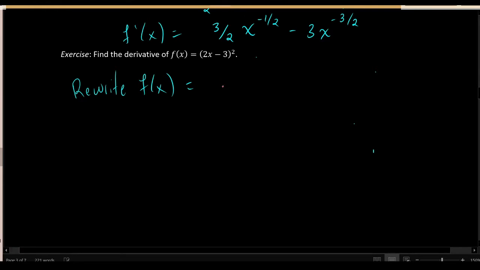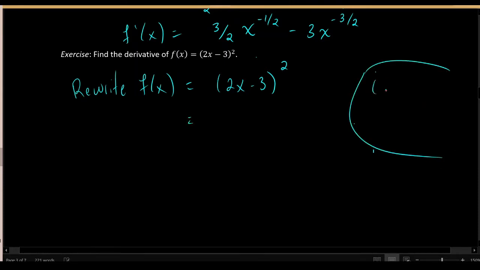So I'm going to do what they call FOIL, or just expand it, using the formula that if you're squaring a plus b, then you should square the first term, square the last term, and then take 2 copies of first times last.